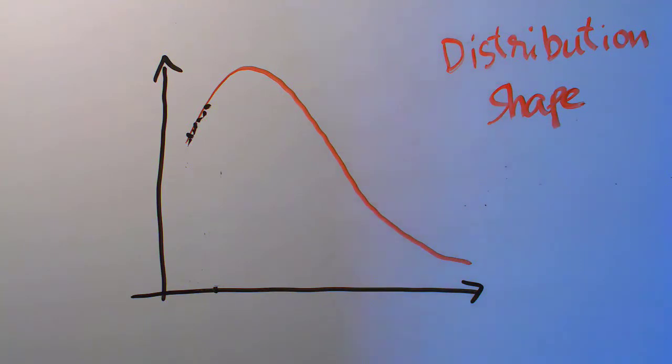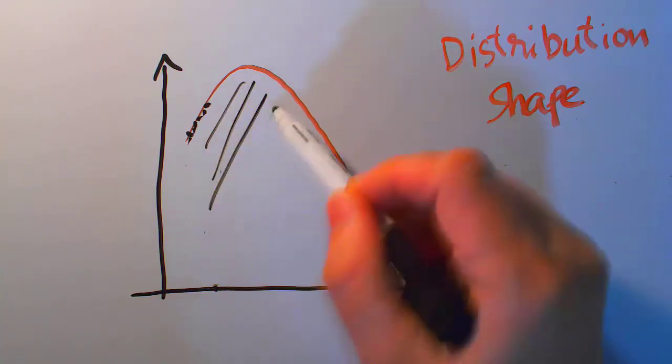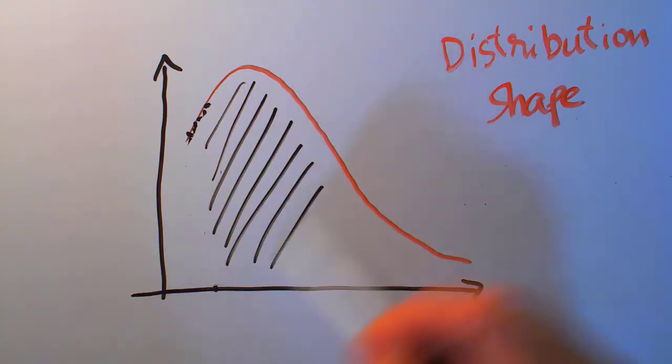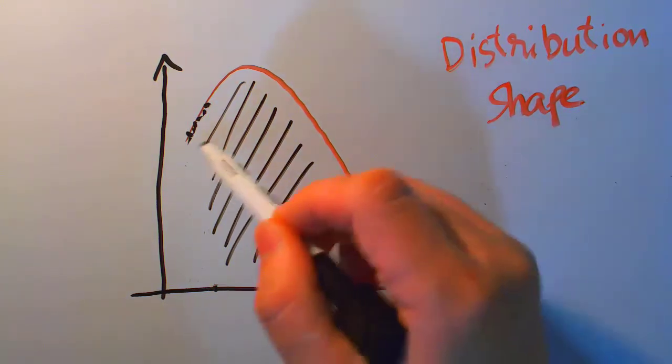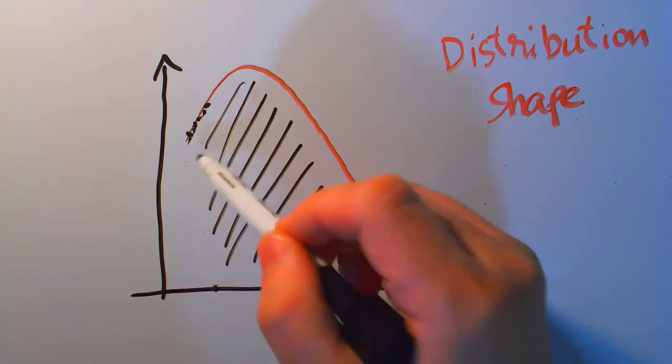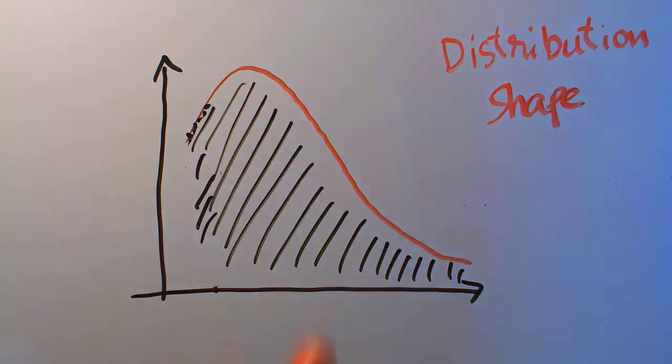And once again, I was saying earlier that it's always a good idea to shade your data. So imagine that inside of your distribution curve, your distribution shape right here, all that shaded part represents the amount of data, all the data.